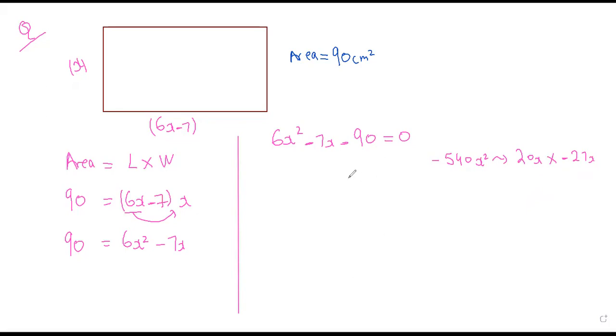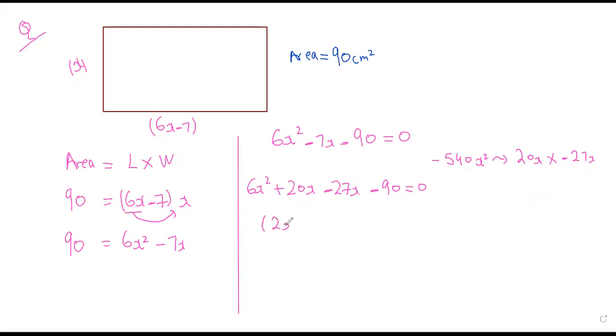Okay, let's solve this now. 6x squared plus 20x minus 27x minus 90 is equal to 0. This is what we are going to get, right? And then I can just factorize it. You guys know how to factorize it now.